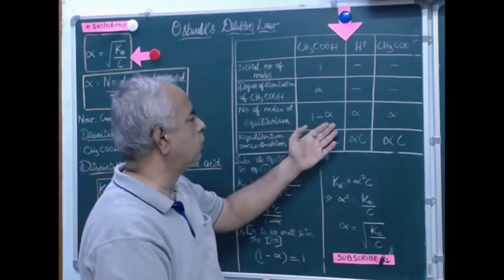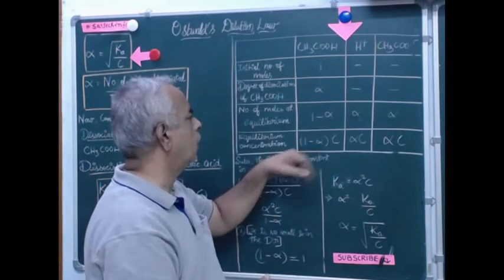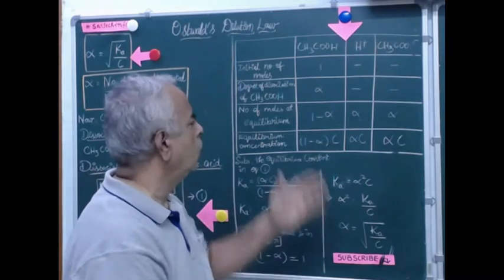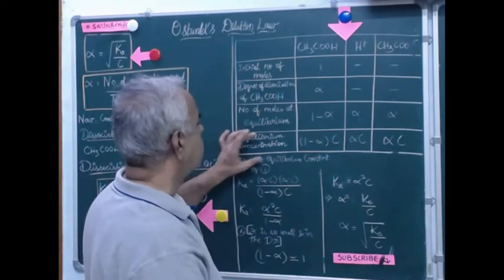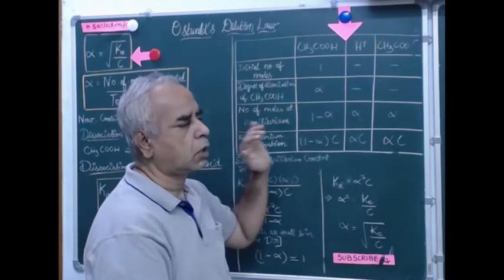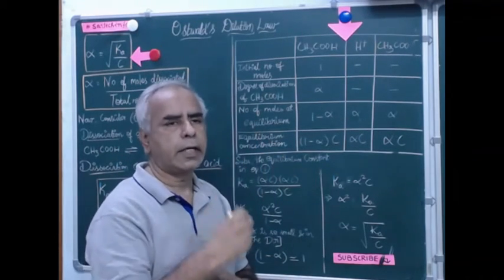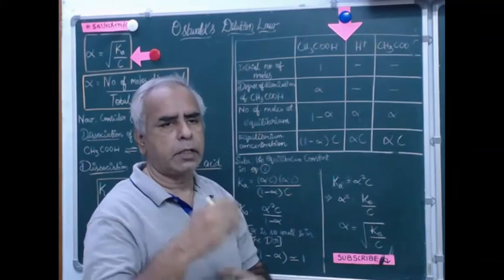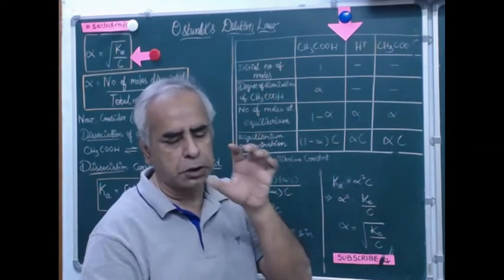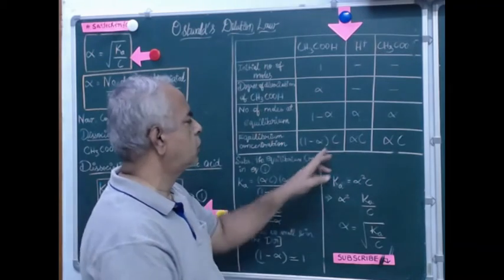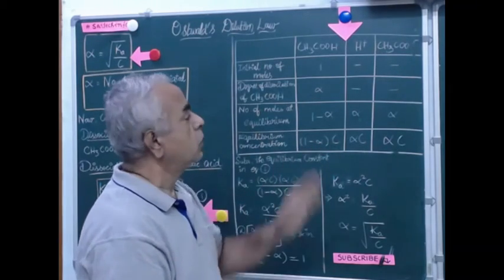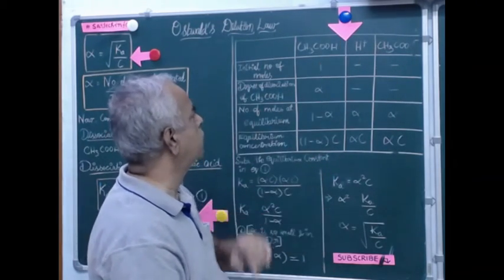So the remaining number of moles will be 1 minus alpha. Now the equilibrium concentration, usually we call it active mass. So the active mass is equal to the concentration times the alpha term, here 1 minus alpha, so C into 1 minus alpha.